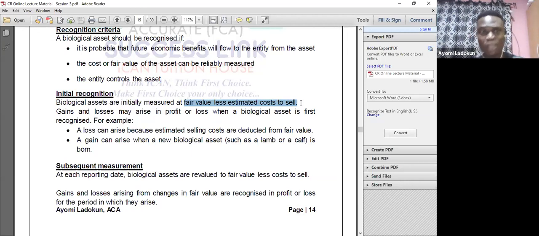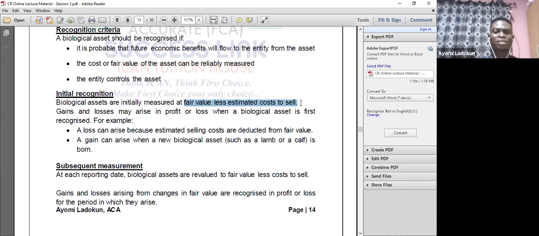Unlike other assets, that's what I'm emphasizing, so that when we solve questions, we will not struggle. Unlike PPE, unlike intangible assets, unlike IAS 40, where on initial recognition you have to use the cost model, no way under IAS 41. Biological assets are measured at fair value, less cost to sell.